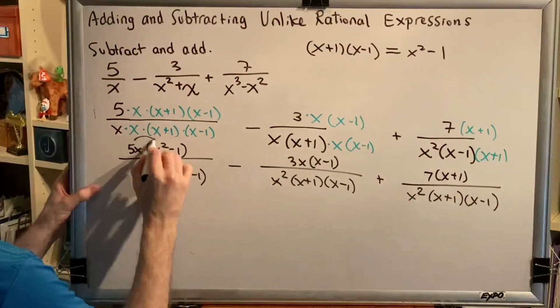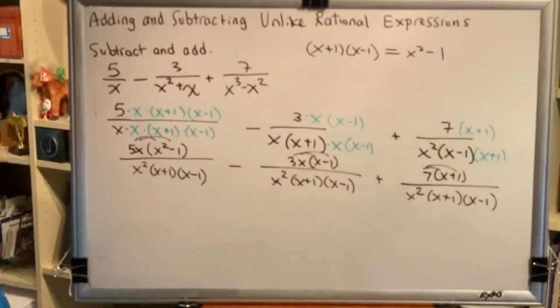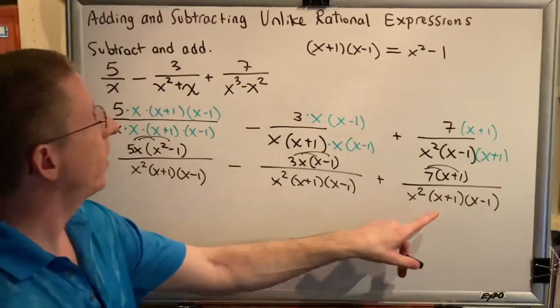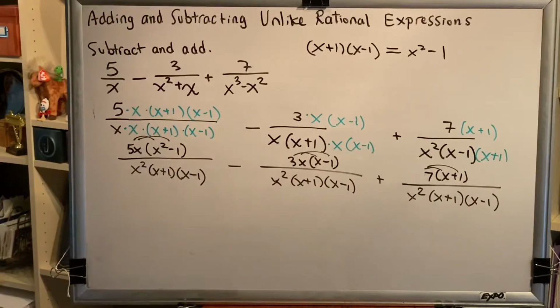All right, now we're going to do all of our distributions. Notice that we treat numerators differently from denominators. With denominators, we factor and leave them in factored form. But with numerators, we do things like multiply, distribute, and combine like terms.